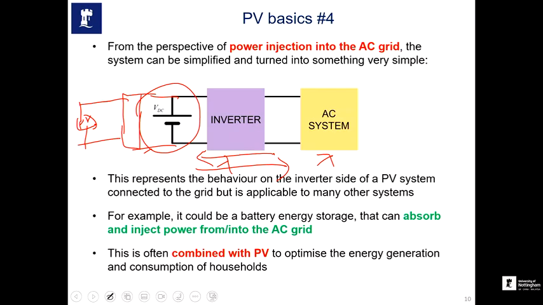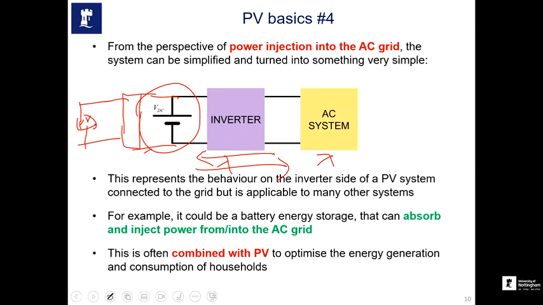Is that feasible? No. Because a PV system is a unidirectional system, okay? There is no regeneration. If you put electricity back into it, it will not emit light, okay? If you put light on it, then it will generate electricity.